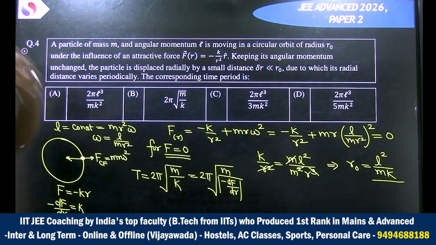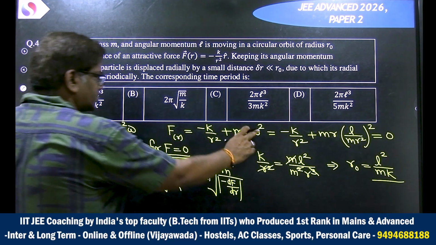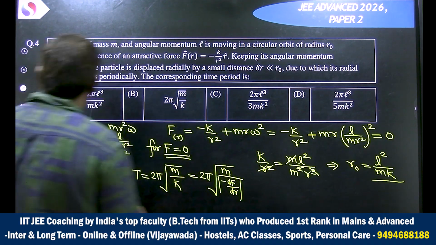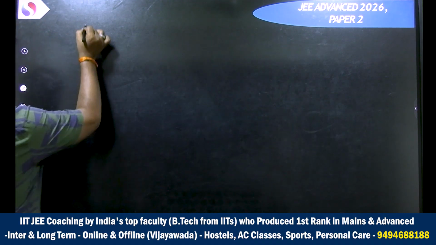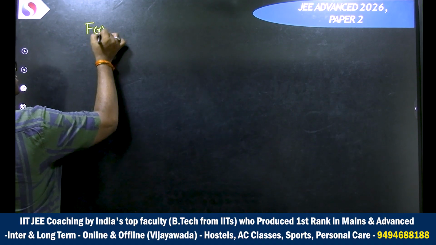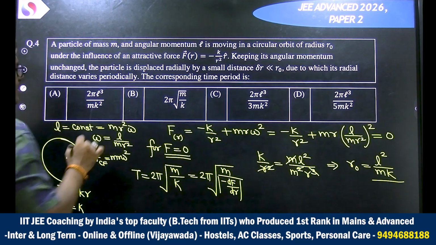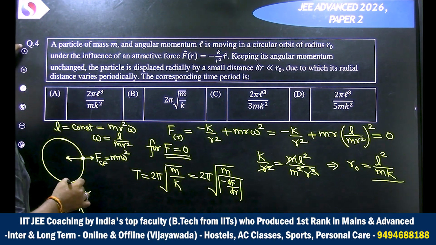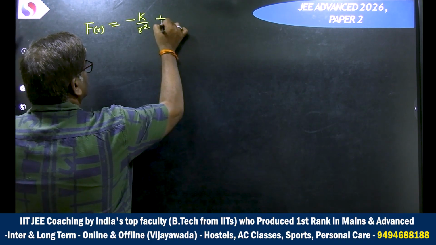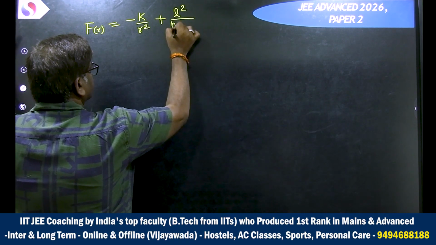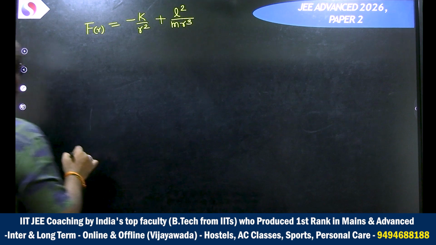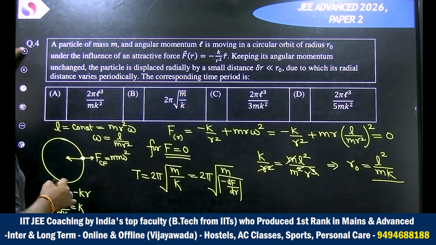So now let's do that. The force expression you already know. What is the force expression here? The force expression here, in terms of r, is minus k by r square, and then plus L square by m r cube. All right? Yes.